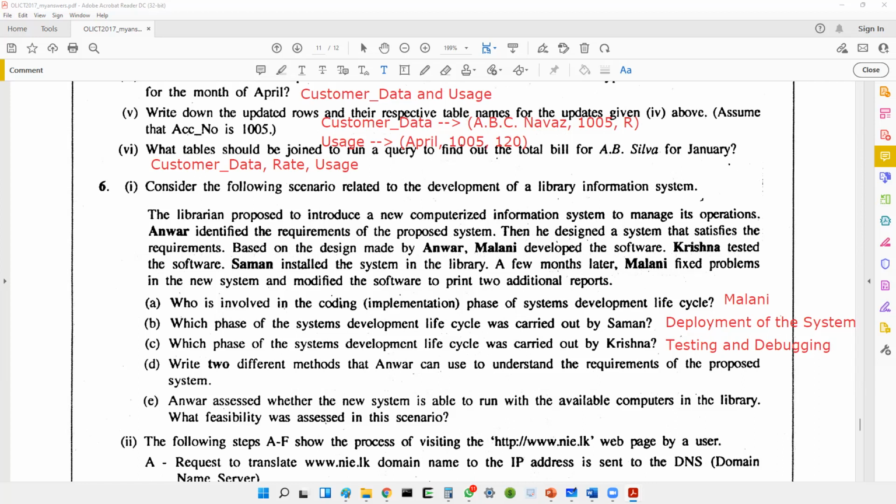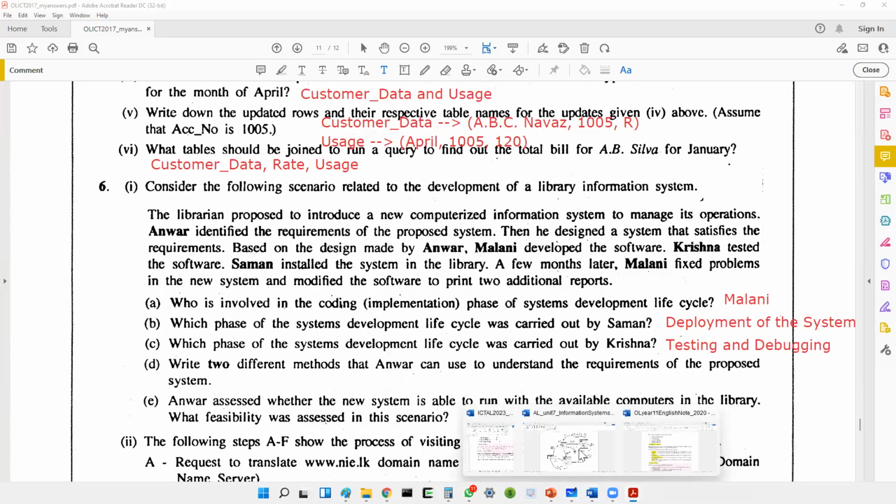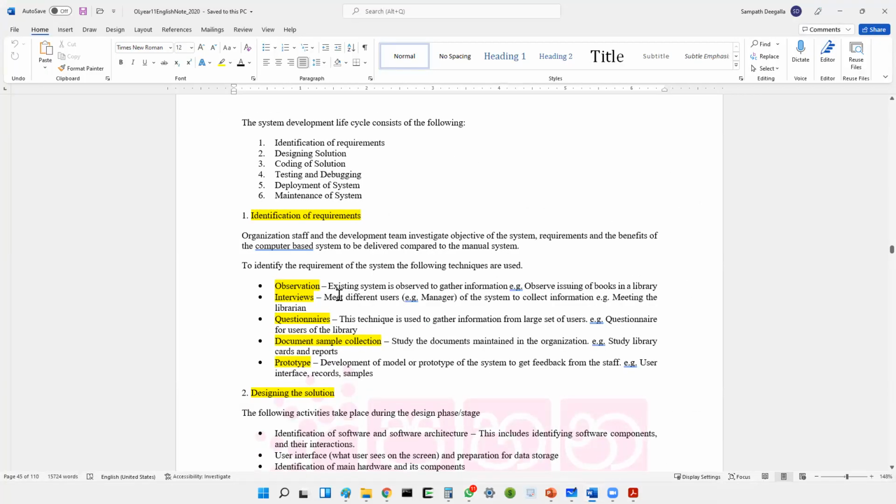You can have interviews, questionnaires, observation, interviews, questionnaires, document samples, and prototypes.